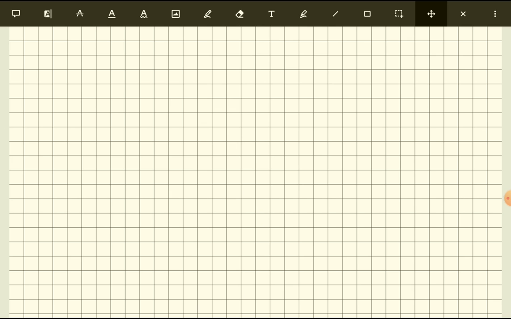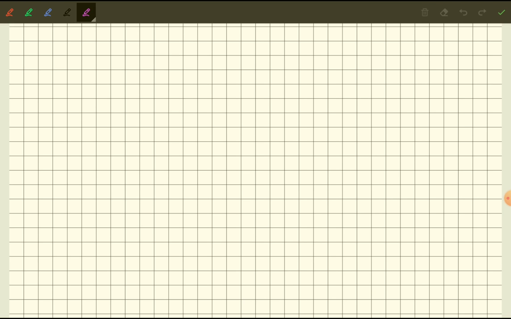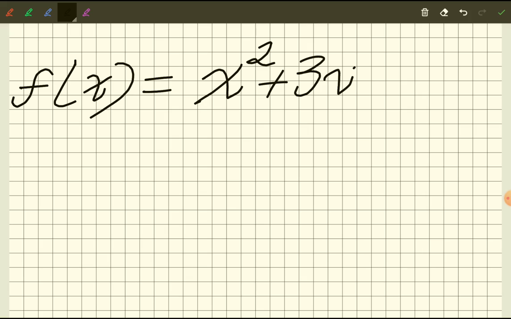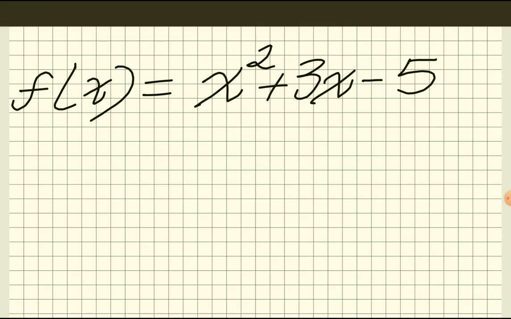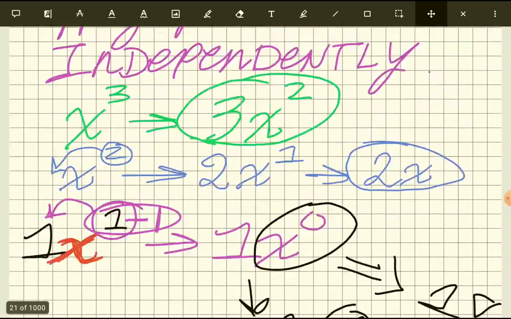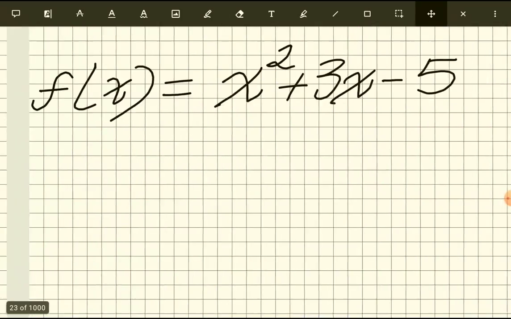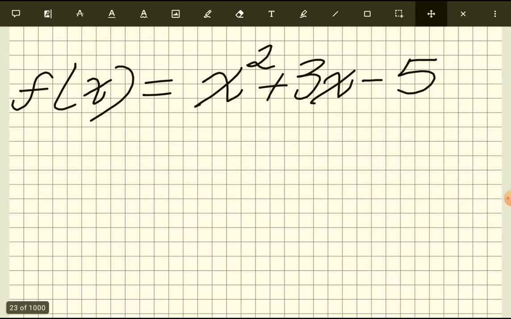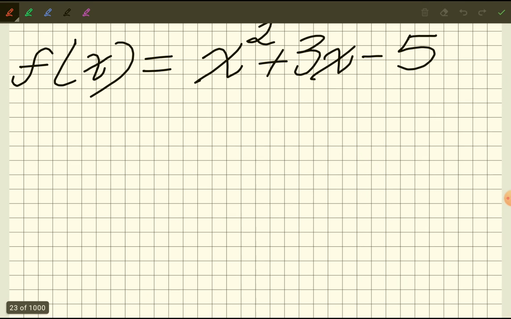So going back to our problem. So this is the original problem. I'll just rewrite it so you guys can see it side by side. So what did it say? X squared plus 3x minus 5. That's the original problem, right? Okay.